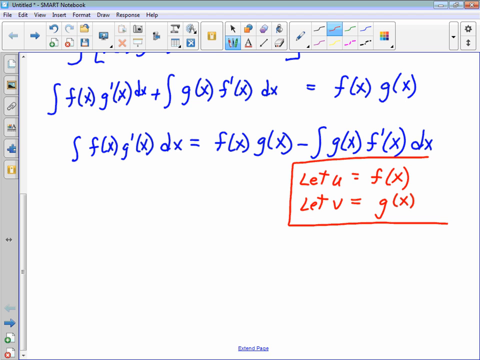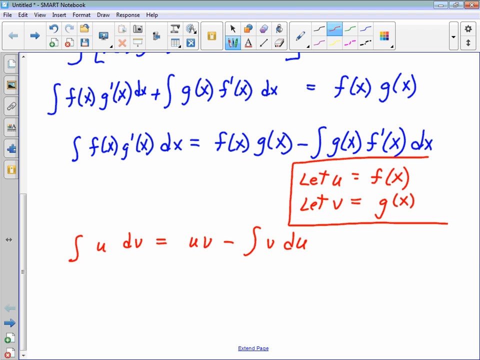We can say that this is the integral of u dv equals uv minus the integral of v du.